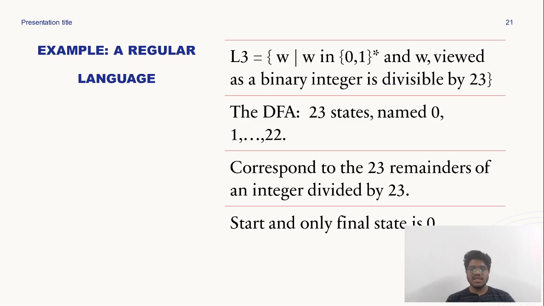The start and only final state is 0. So in this DFA of a regular language example, we have 23 states named from 0 to 22, and the start and final state is 0.